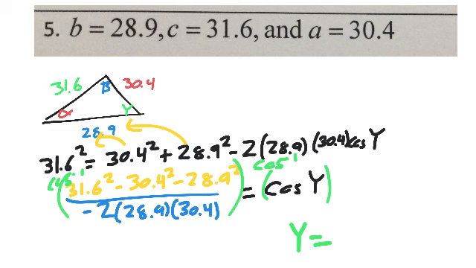And then in my denominator, I have negative 2 times 28.9 times 30.4. So I found that gamma is going to be 64.3 degrees.